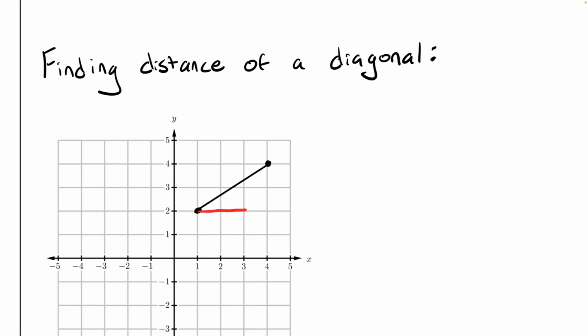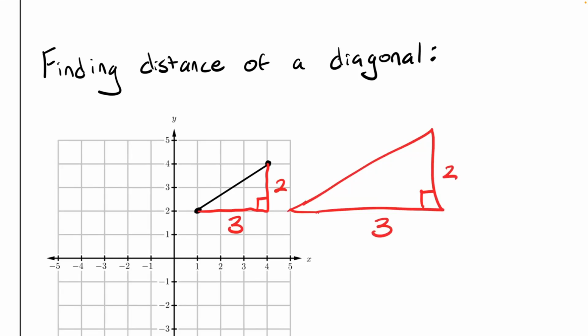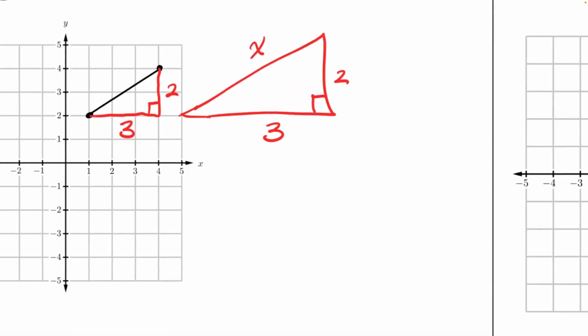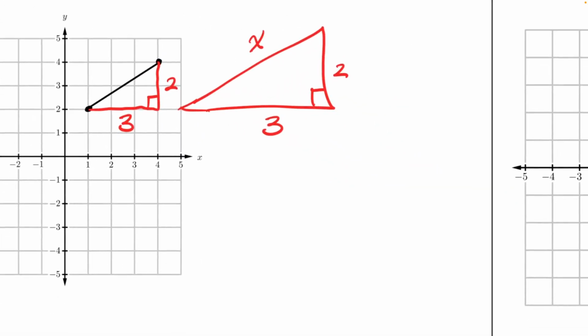So let me go ahead and make that right triangle so we can see what's going on. There's my right triangle. And I can say that this length down here is 3. This length is 2. I can pull that triangle out and redraw it a little bit and say if I have a 2 by 3 and I'm trying to find this length x, I set up Pythagorean theorem. Eli, set that up. 2 squared plus 3 squared. Good.